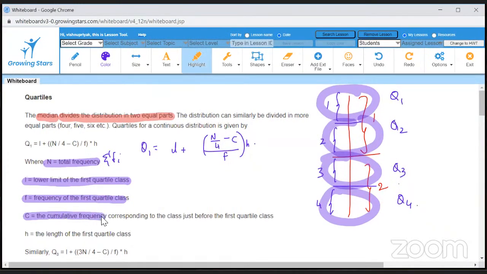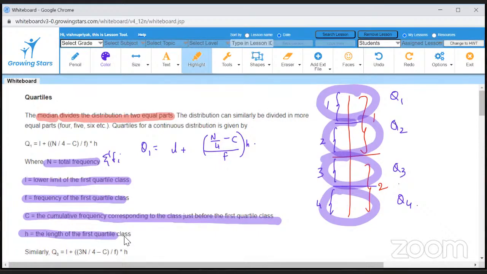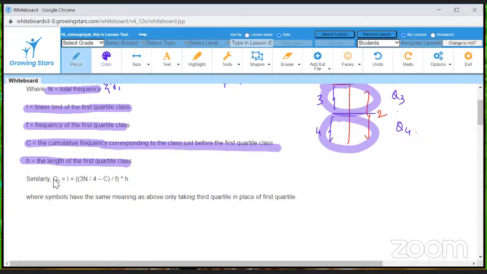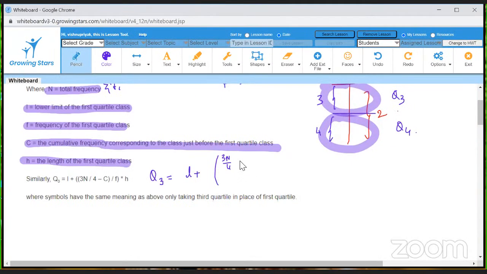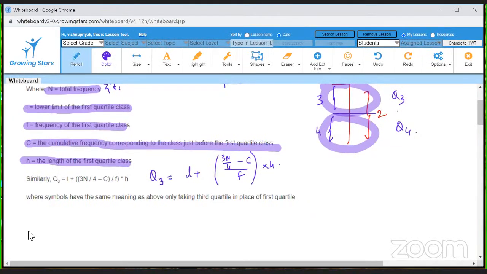C is the cumulative frequency of the class just before the first quartile class. H is the length of the first quartile class. Similarly, third quartile you can get by the formula L plus 3n by 4 minus C by F into H. Same values, to get the third quartile.